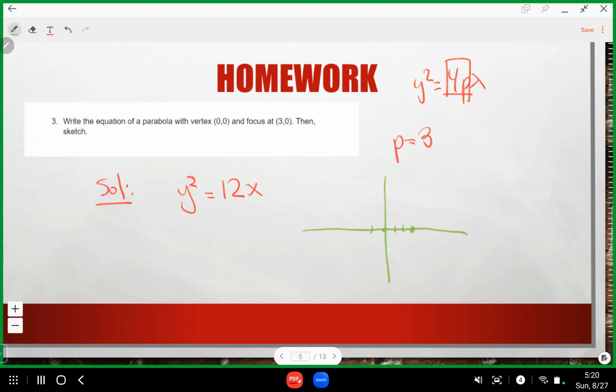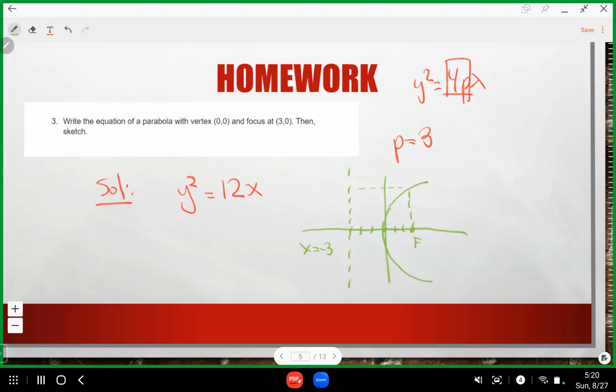And as you can see, this line is x equals -3. This is the focus here. And this is basically what it looks like, right? If you take a point on this graph, it should be an equal distance from here to here.